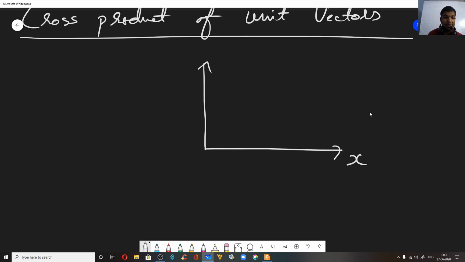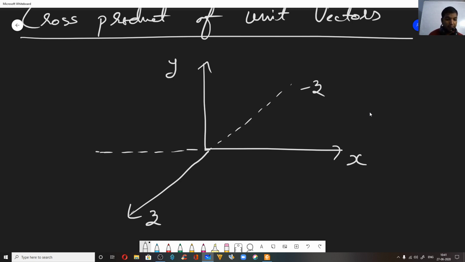Say this is x, this is y, and this is z. These are mutually perpendicular. Now this is the negative z axis, this is the negative x axis, and this is the negative y axis.